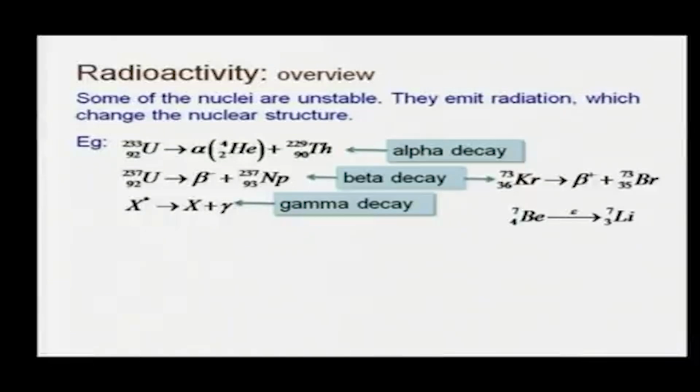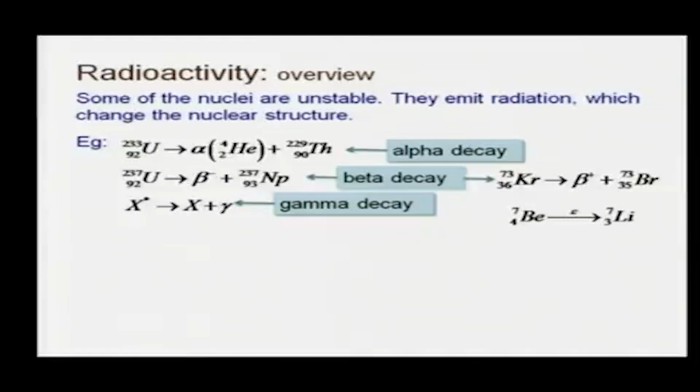Now, the nucleus can capture one of these electrons and thus reduce its charge by 1 unit. Okay. So, the Z number is reduced by 1 unit, and so it becomes a lithium nucleus with 3 protons and 4 neutrons.